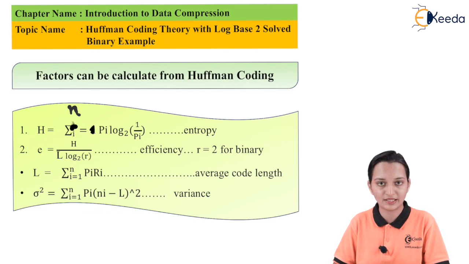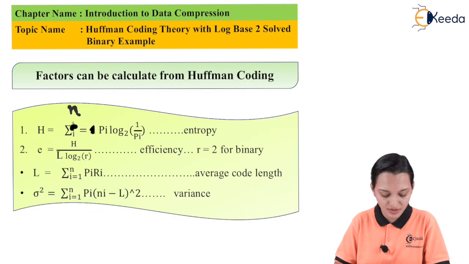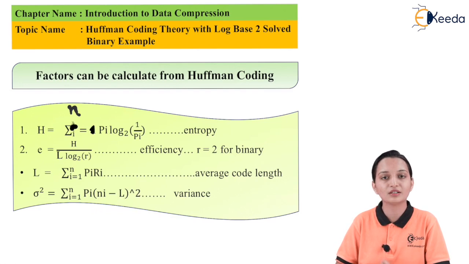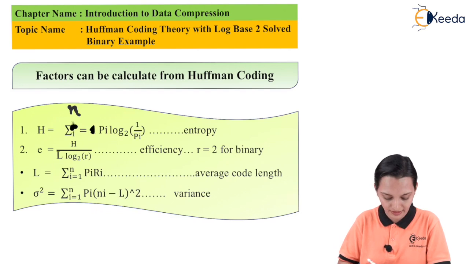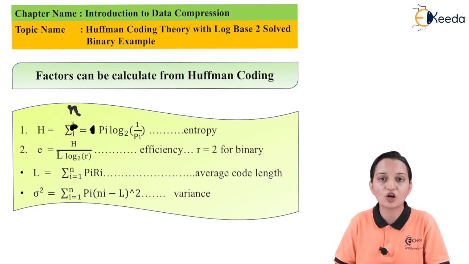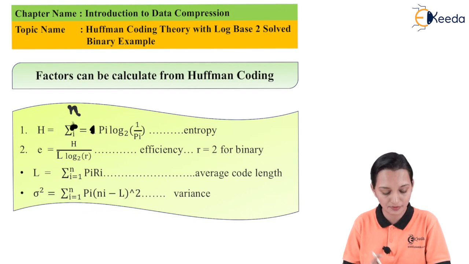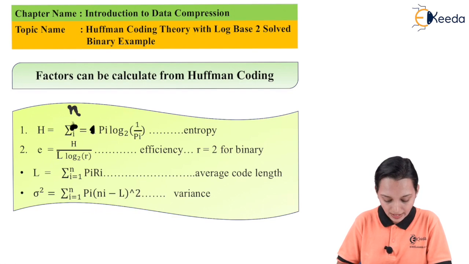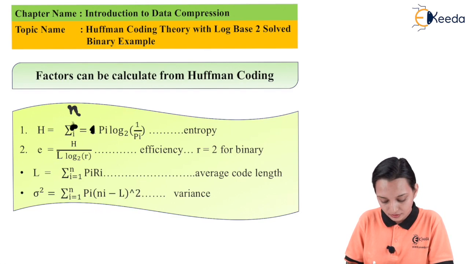Pi means the probability of the respective symbol number. And here we need to solve the example with the help of log base 2. This is the technique behind Huffman coding theory. Here we can calculate the entropy, which has the unit bits per symbol.